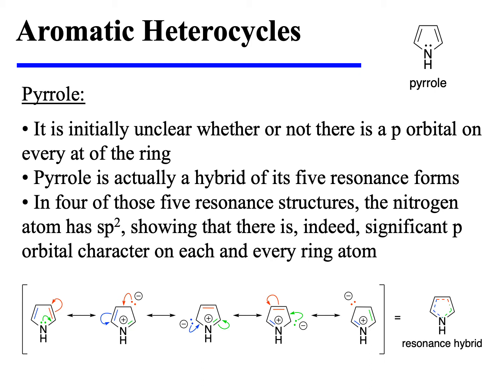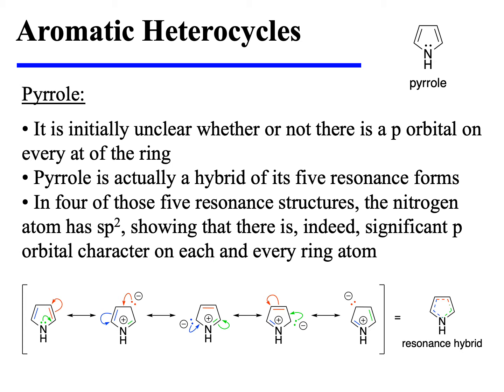The structure of pyrrole is shown in the upper right-hand corner of this slide. Much as with the cyclopentadienyl anion, it is initially unclear whether or not there is a p orbital on every atom of the ring. Before we knew about resonance, we would have simply considered the nitrogen atom to be sp3 hybridized.